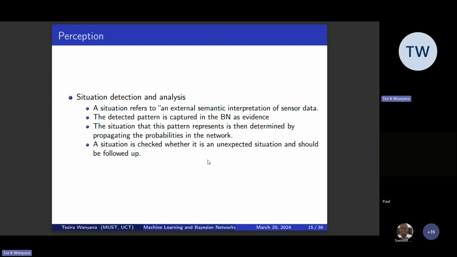So to detect the situation, we obtain the pattern and capture the pattern in the Bayesian network. And then the situation that this pattern represents is determined by propagating probabilities. And I'm going to explain exactly how this works when I flash the Bayesian network. And then, of course, the situation has to be checked whether we are going to follow it up or there is nothing to follow up. And by following up here, we mean explaining exactly what the underlying causes might be.